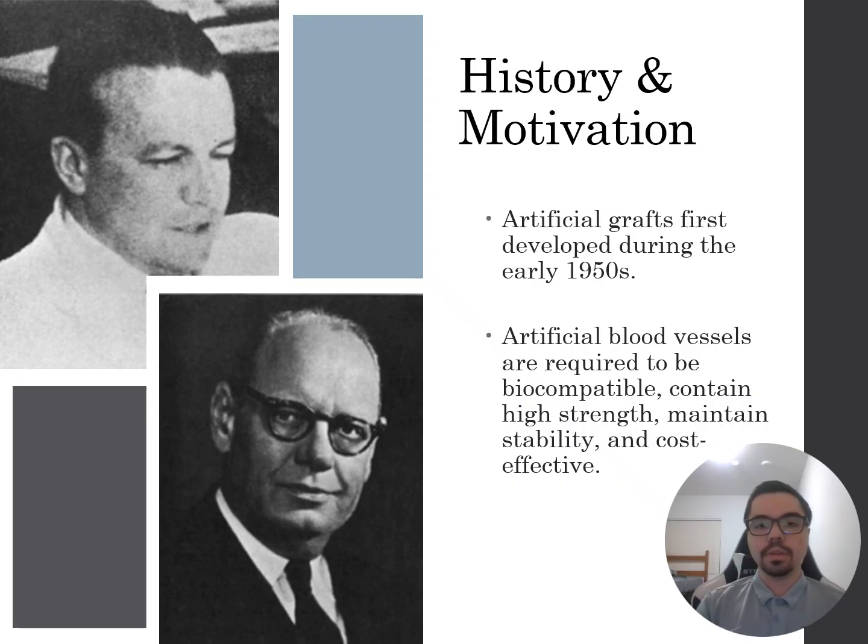Throughout the decades, many materials have been tested for artificial grafts, and over time, they've been refined for constraints such as flexibility, durability, strength, and biocompatibility. That's one of the challenges. We have to make sure we maintain all those factors, all while making sure that the material we select is cost effective.